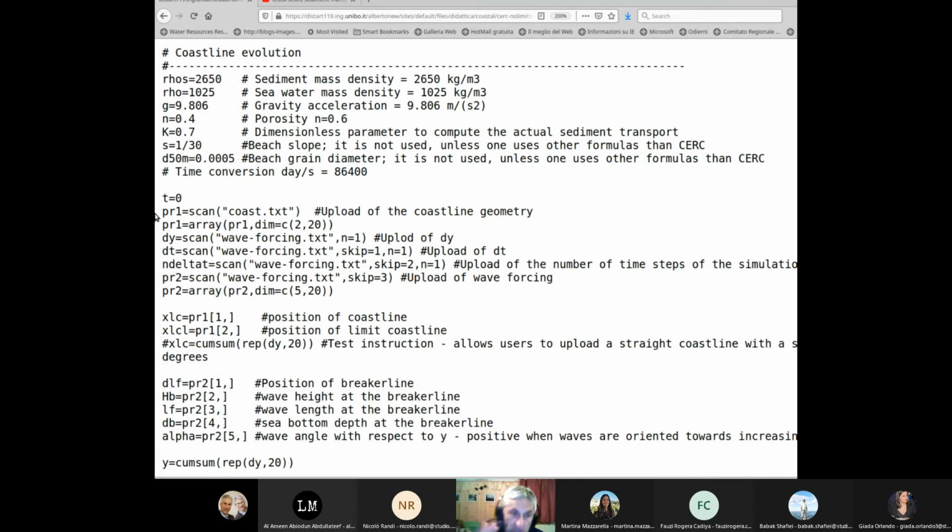What I suggested to do just like 15 minutes ago, discovering your menus, how to set the working directory and identify it, is now an essential requirement for uploading this file, because this file, coast.txt, is to be placed into the working directory.